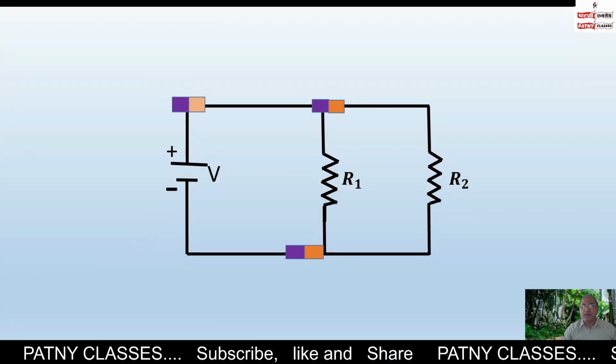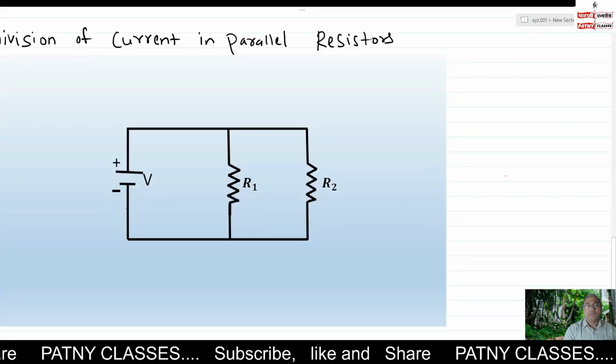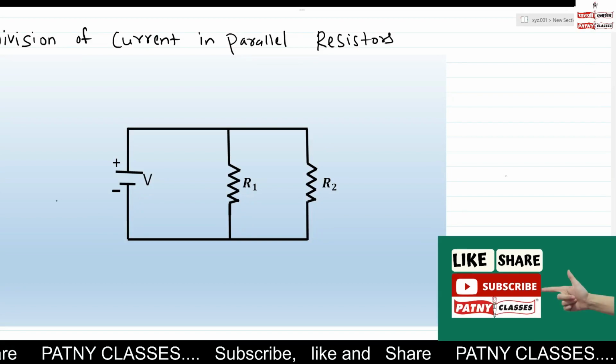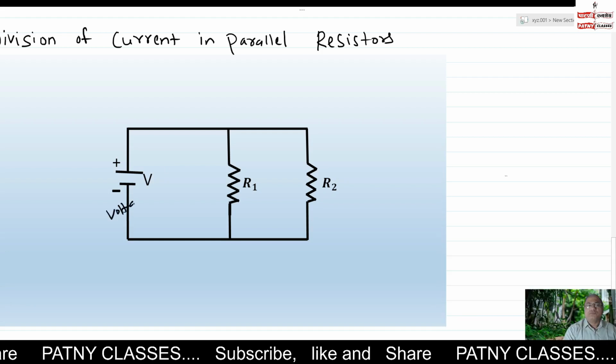First of all, consider 2 resistors in parallel connected across a voltage supply V as shown in the figure. Let V be the voltage of source.